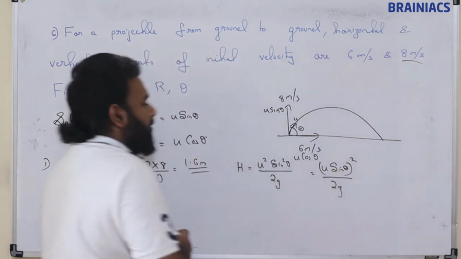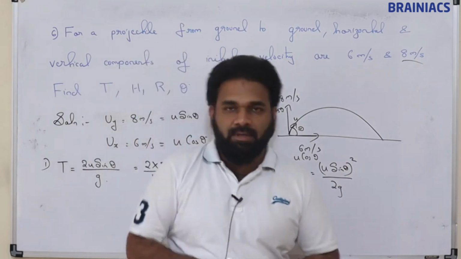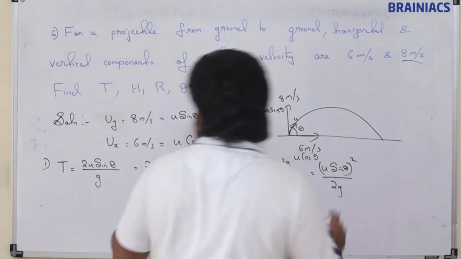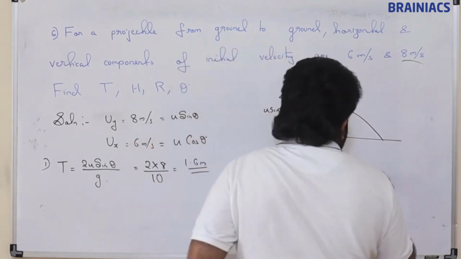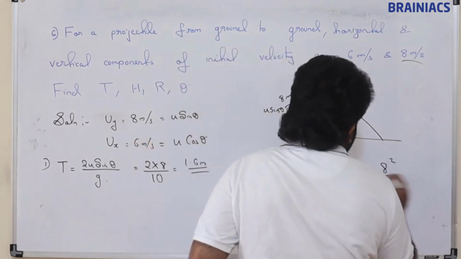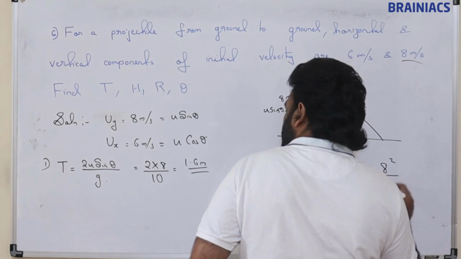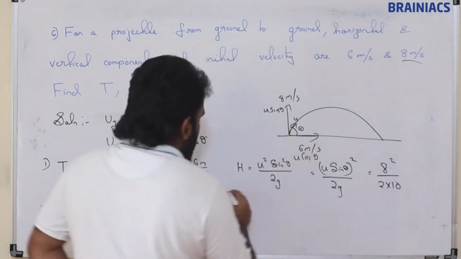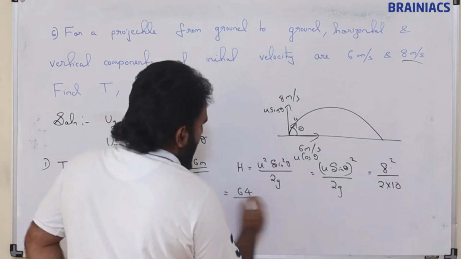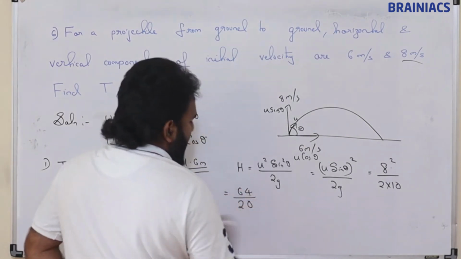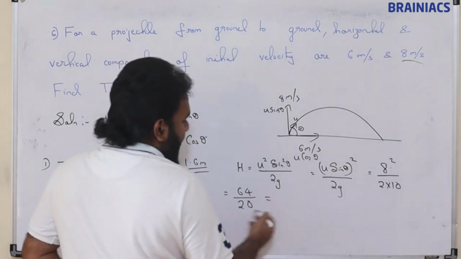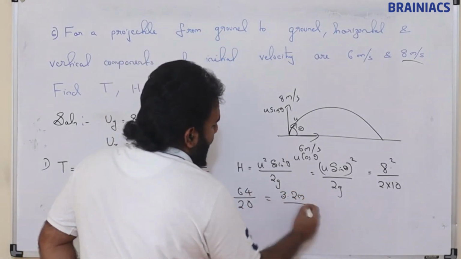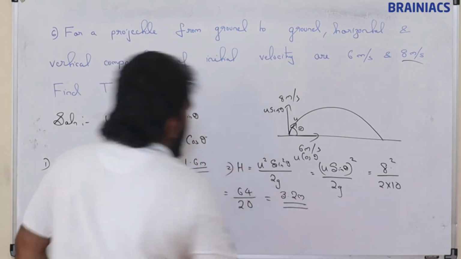So u sine theta we know. So this is 8 square divided by 2 into 10, that is 64 divided by 20. So this is going to be 3.2 meters. Okay, clear? Got the answer?